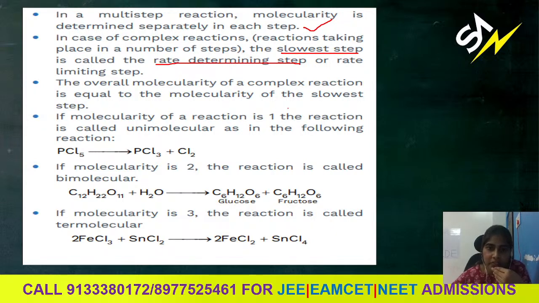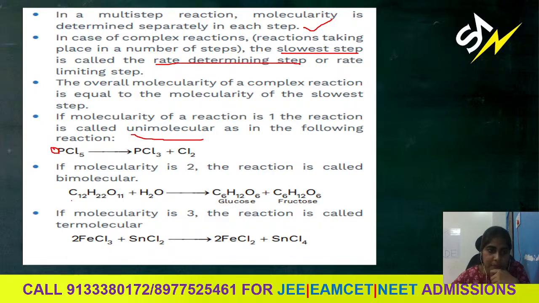If molecularity of the reaction is 1, the reaction is called unimolecular. See, for example, if PCl5 on reaction gives PCl3 and chlorine gas, here only one molecule of PCl5 is taken, so it is unimolecular. If molecularity is 2, the reaction is called bimolecular.